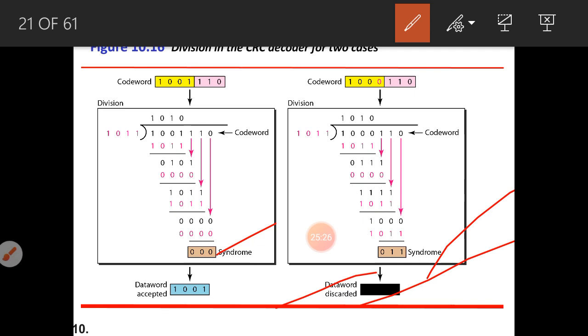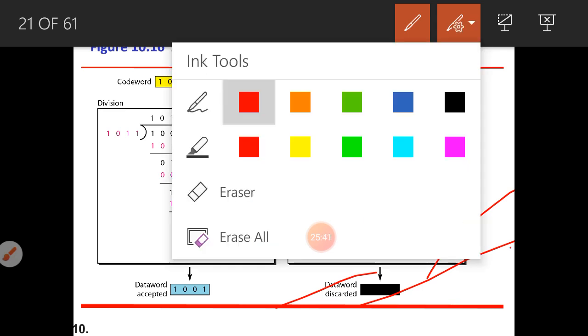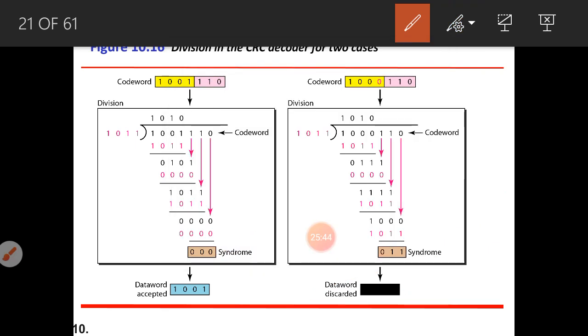In this way we perform the encoding and the decoding by using the CRC codes. So this is one example of how we use the CRC codes.